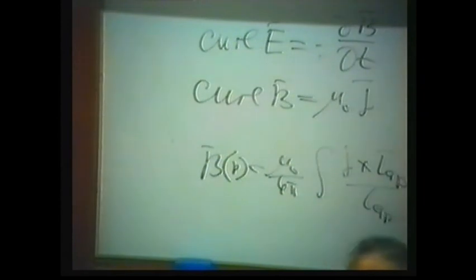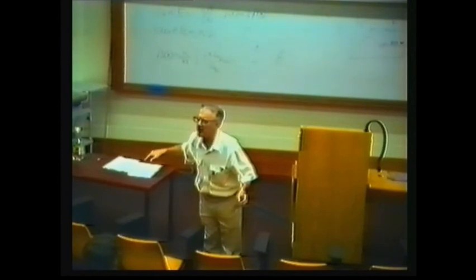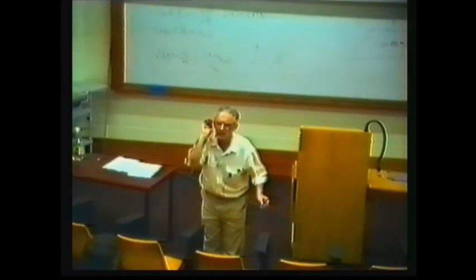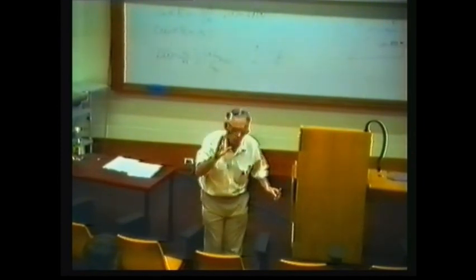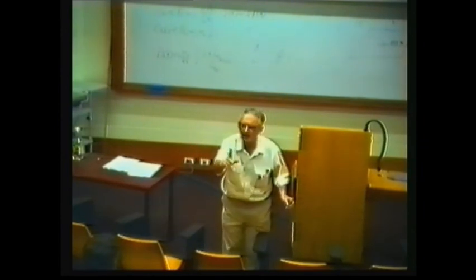You understand my question? At this point, current changes as some function F(t), sine omega t. How will the magnetic field change due to this current? That's true, but the same function or different? No.